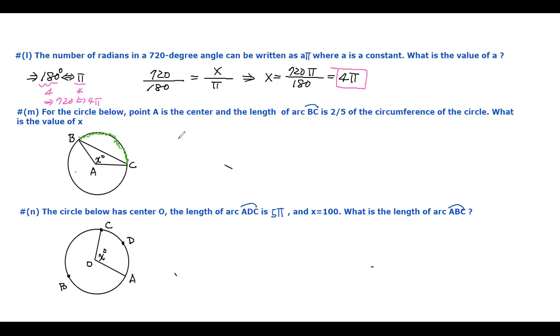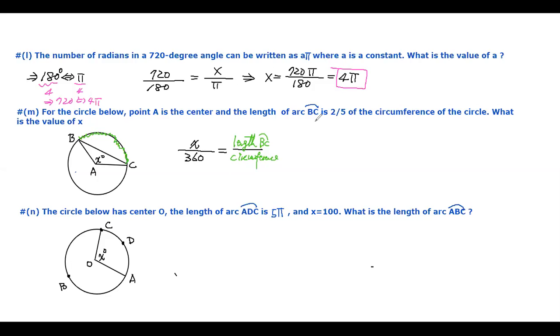Remember we used our ratio definitions, right? Because this is measured by degrees, we say x over 360 is equal to the length of arc BC over the circumference.